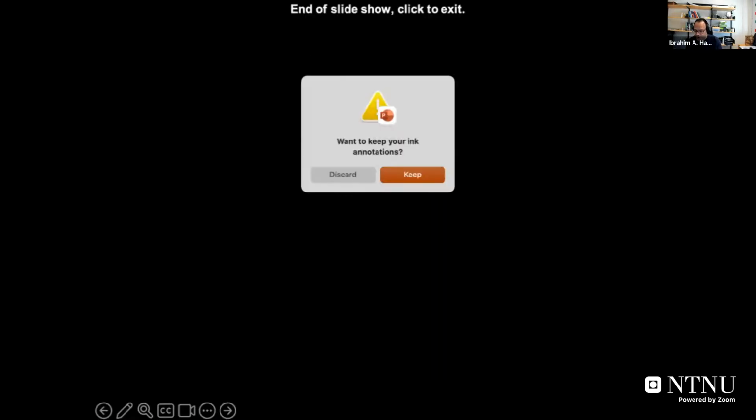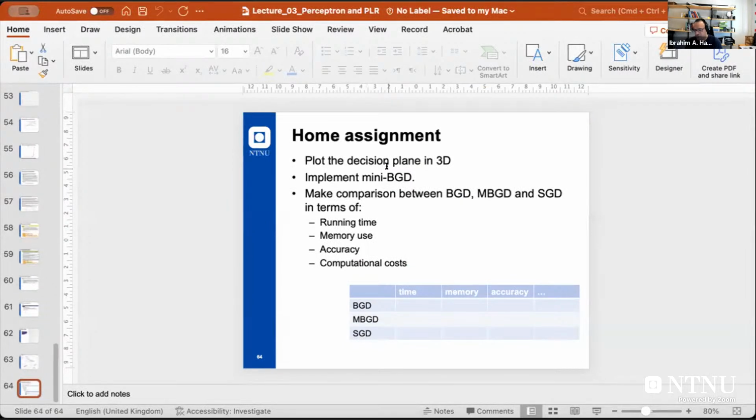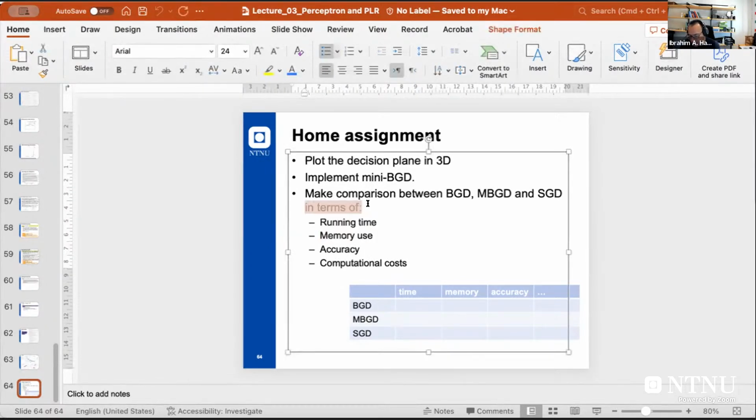So now we are finishing, but I want you to go to this example. The home assignment is to plot the decision line or plane in 3D, implement mini batch gradient, make comparisons between batch gradient, mini batch gradient, and stochastic gradient descent, and try to calculate running time. Compare the three in terms of how much time we need.